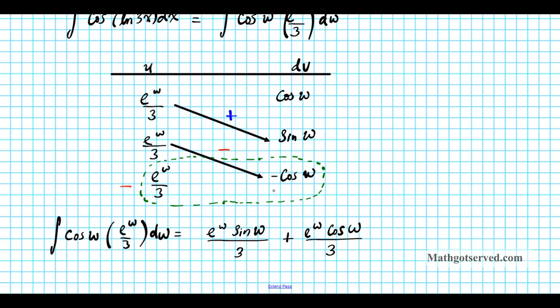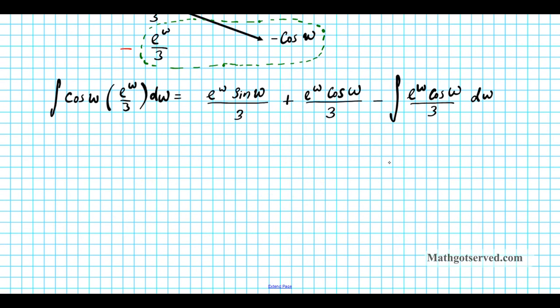It's going to be an integral. So if we multiply minus times minus times minus, 3 minuses is going to be a minus, minus the integral of b du, which is going to be e to the w cosine w over 3 dw. Now, if you notice, this integral and that integral are identical, so we can combine them.